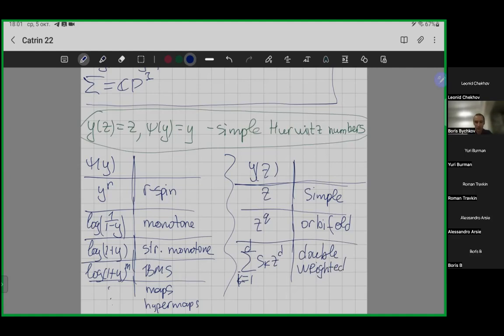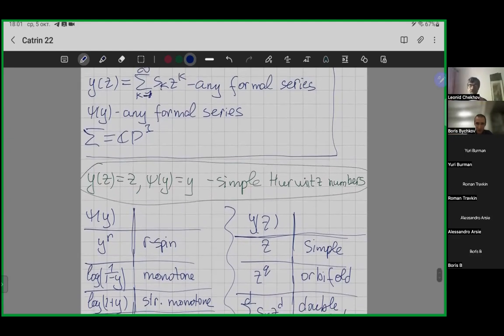So all known cases of Hurwitz numbers fit into this setup.